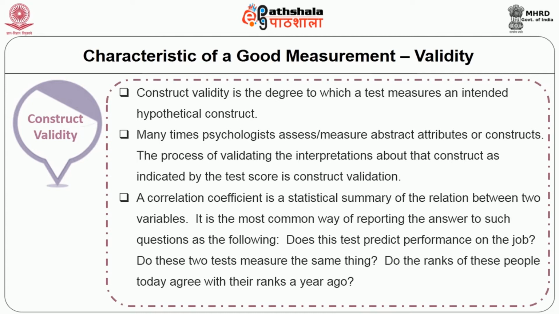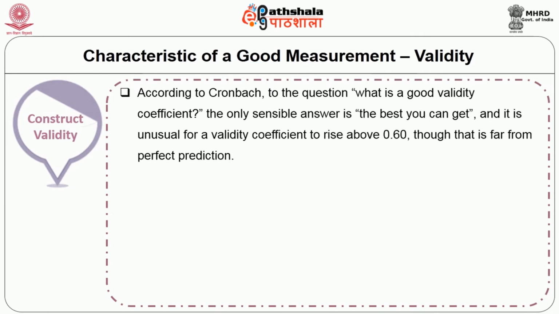Rank correlation and product moment correlation relate to this. According to Cronbach, to the question what is a good validity coefficient, the only sensible answer is the best you can get, and it is unusual for a validity coefficient to rise above 0.6, though that is far from perfect prediction.